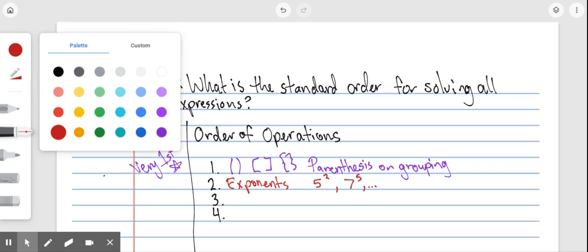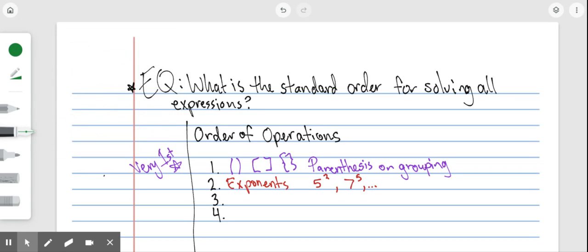After exponents, what do we look for? It's the next thing that we look for. Again, check your notes. You should be back and you should have come up with multiplication and division. So multiply and divide. And what was that key phrase that I put at the end of it every time? Left to right.